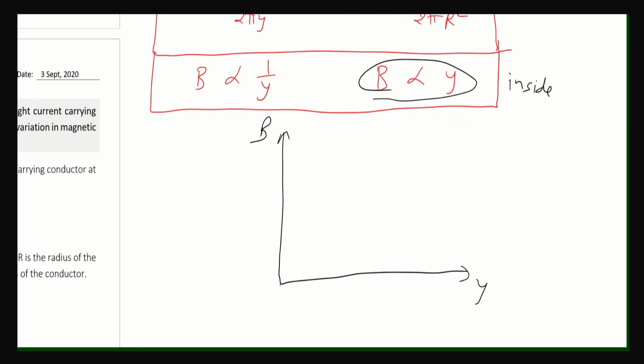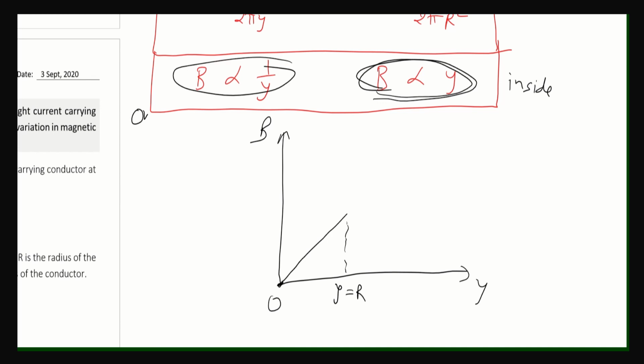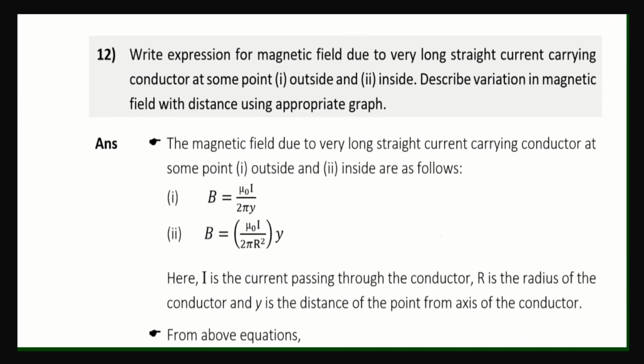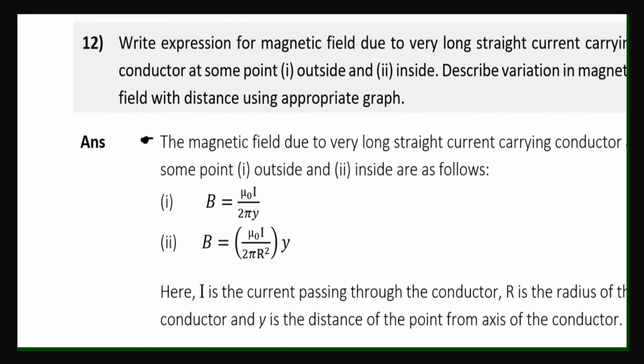From the center, as I go up to the radius, this is y equal to r, and up to that B is proportional to y, so it is a straight line. And what is happening outside? Outside it is decreasing, so the magnetic field would be going like this. That is the nature of variation of magnetic field with distance.